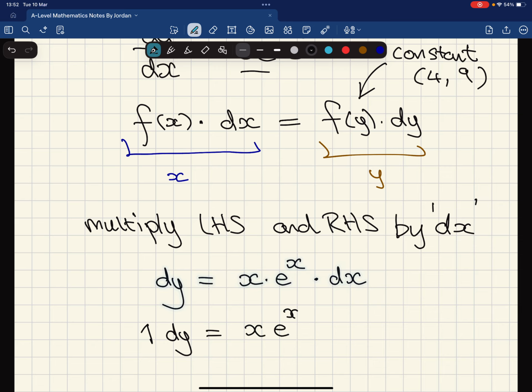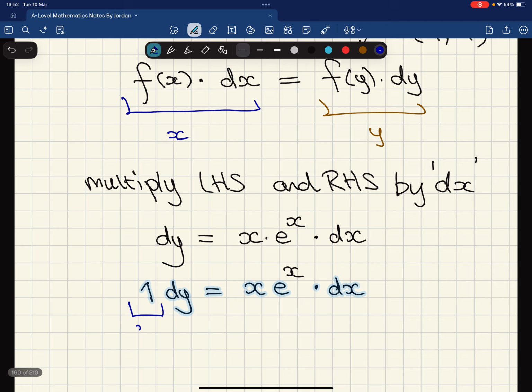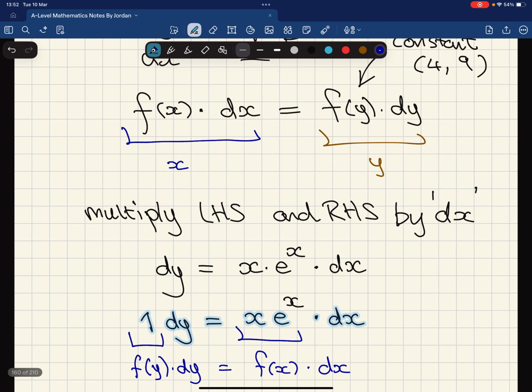So in this particular form is actually what I needed. What you should notice here is that this is my function of y, and that's dy next to it. And on the other side we have the function of x next to the derivative of x. So it's in the form that we required at the top here.